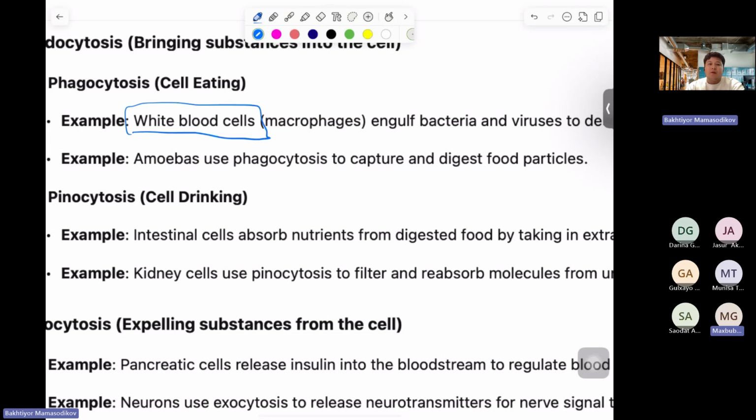It is like the immune system. And yes, your immune cells are called white blood cells.